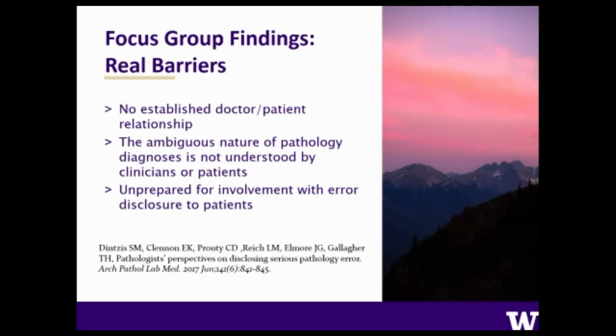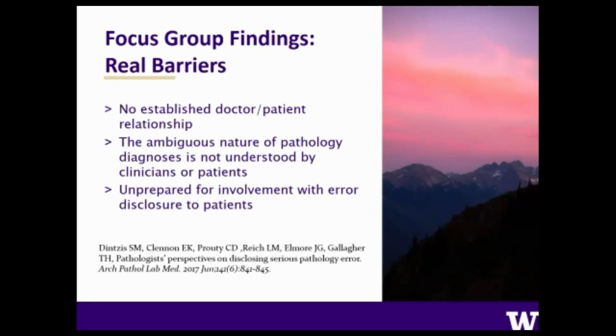So in this paper with my colleague Tom Gallagher, we tried to find themes in conversations with pathologists in focus groups, and we found this ambiguous nature of pathology diagnoses, and we've talked about the gray area.